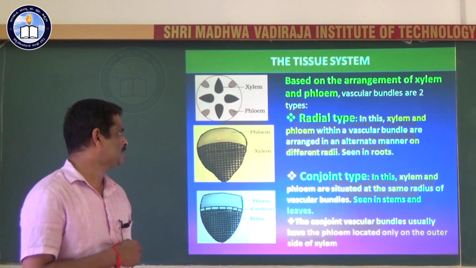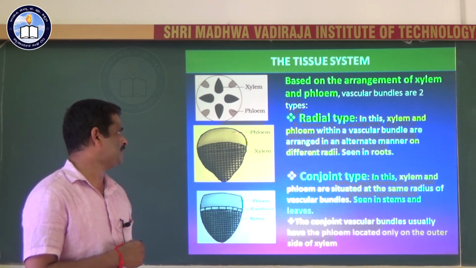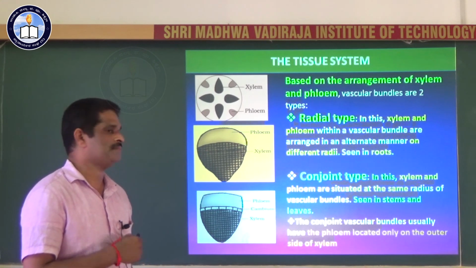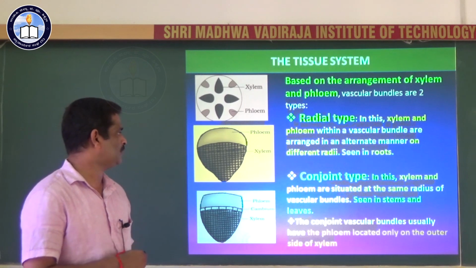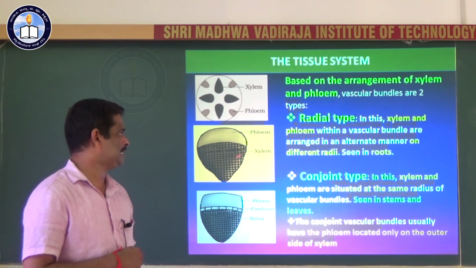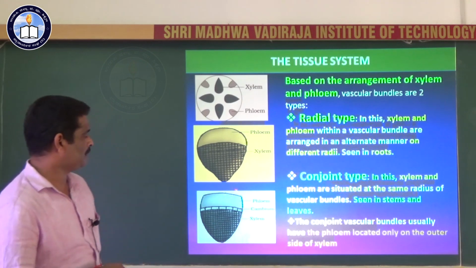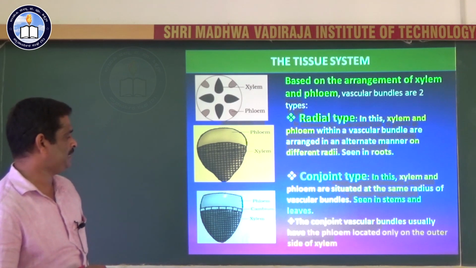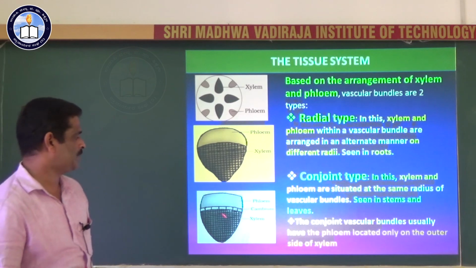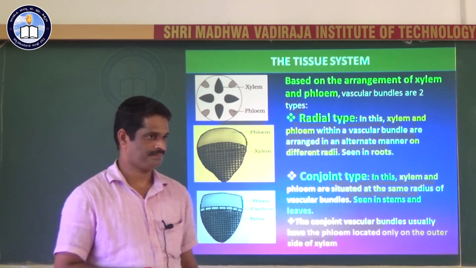Conjoint closed vascular bundle: between the phloem and the xylem cambium is absent, seen in monocots and the leaves. Conjoint open vascular bundle: between the phloem and the xylem, a strip of cambium is present.